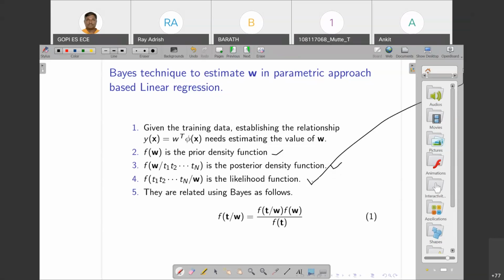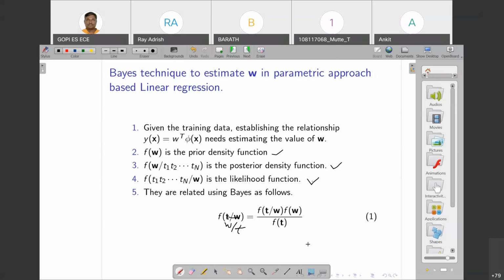They are related using the Bayes relationship. There is a correction here, so this is f of W given T, which is f of T given W into f of W divided by f of T. So this is the relationship between the posterior density function and the likelihood function.